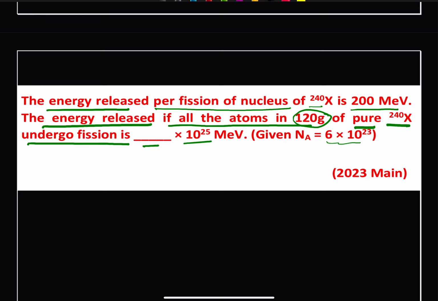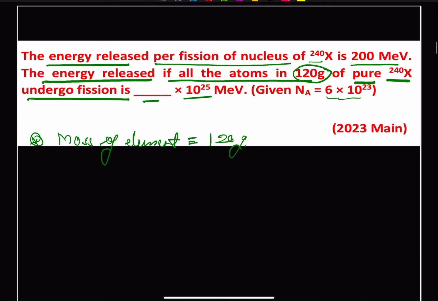So first of all we are going to find out the number of moles, and before that let's write that the mass of the element is given as 120 gram and its mass number is 240.